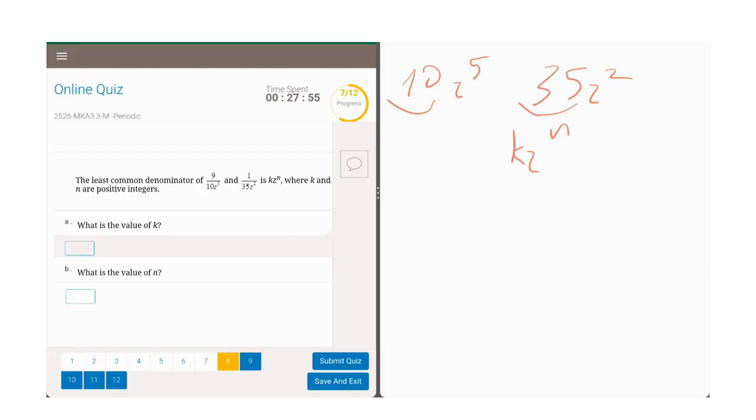It would be 70. And then we take the largest power of z. Largest power of z here is 5. So it will be 70z to the power 5. So k will be 70 and n would be 5.